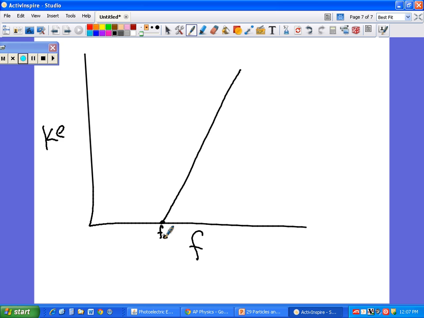Once you know what f naught is, you can go back and figure out what type of metal it is. A lot of times in labs you'll be mapping the kinetic energies of given electrons based off of the voltage or the current you record in the circuit, and then you can extrapolate that back to find f naught, the initial frequency that you would need, which then will let you find the type of metal.